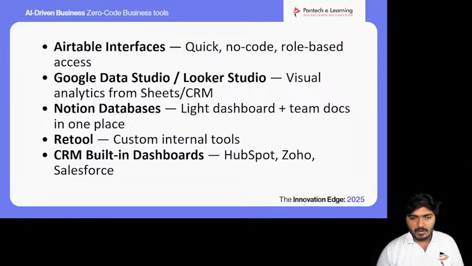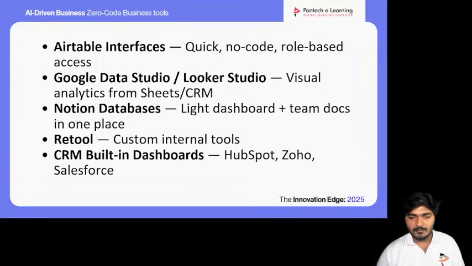Then Notion database, which is a light dashboard tool with team docs in one place, like a card board or a single entity page where you can make use of the collected data. And the fourth is Retool, which is for custom internal tools. It is an application or extension used to visualize data or dashboards.